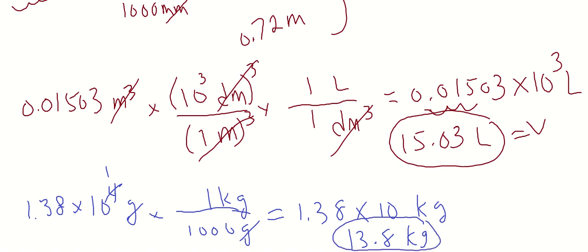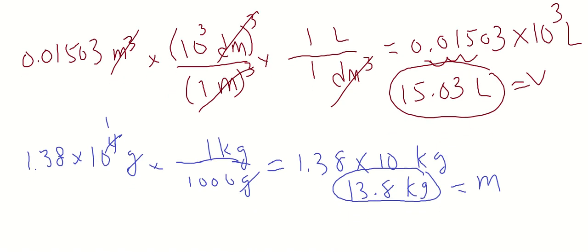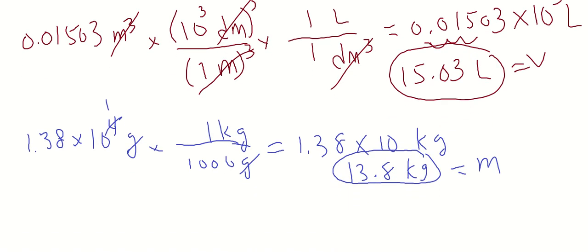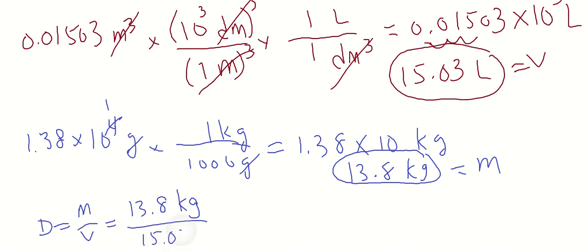All right, so now we have our mass in the desired unit, our volume in the desired unit, and finally we can just divide one by the other. Finally we can do density, mass over volume, and that's going to be 13.8 kilograms over 15.03 liters. 13.8 divided by 15.03.